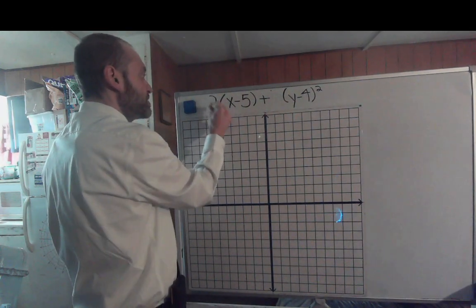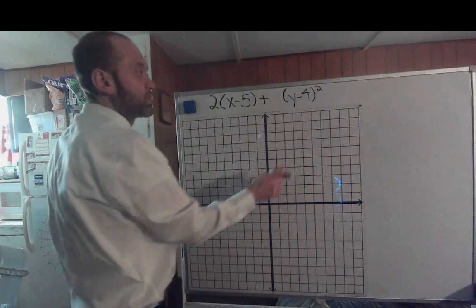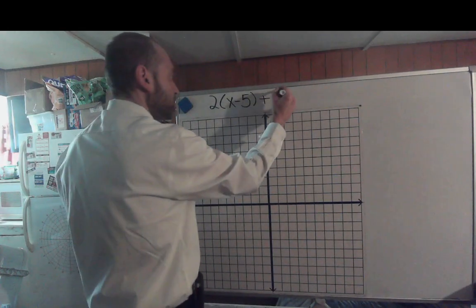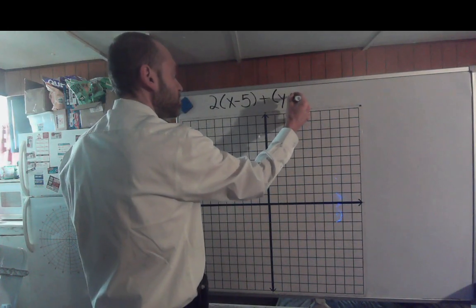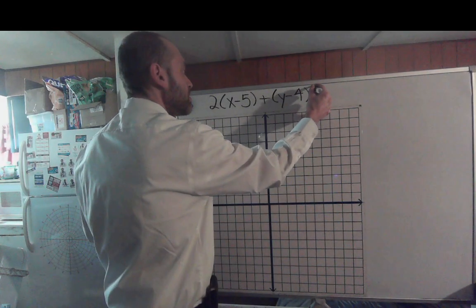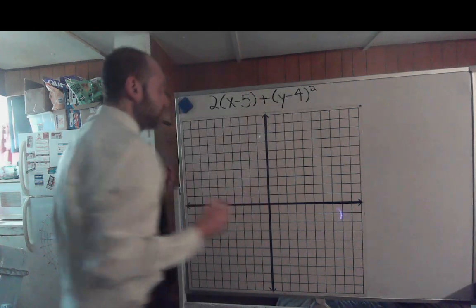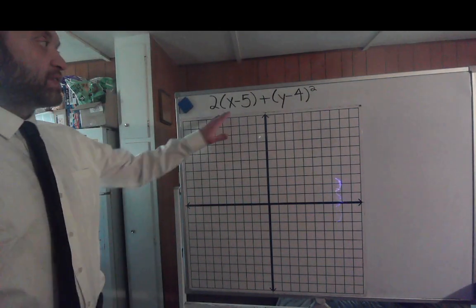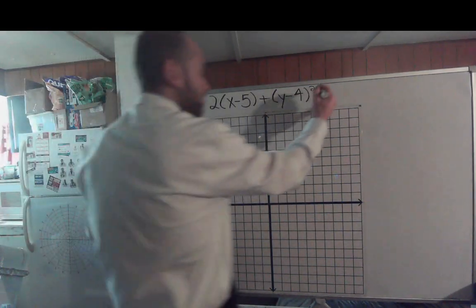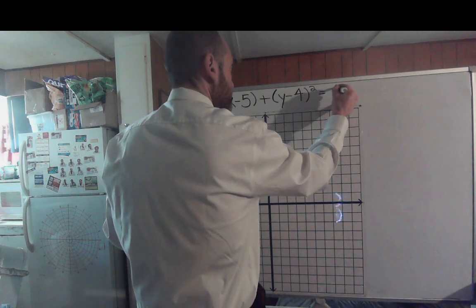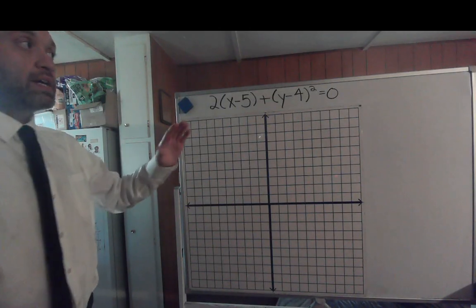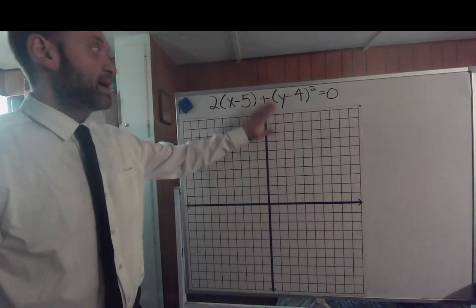Let's do 2 times x minus 5 plus the quantity of y minus 4 squared equals 0. So we have 2 times the quantity of x minus 5 plus the quantity of y minus 4 squared is equal to 0. Well, this is not quite in standard form because the quadratic term and the linear term, again, they need to be on separate sides.